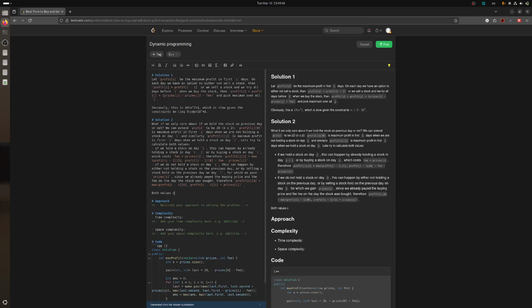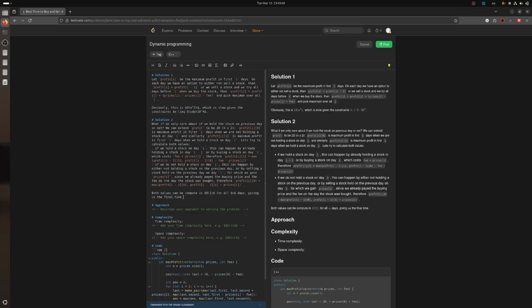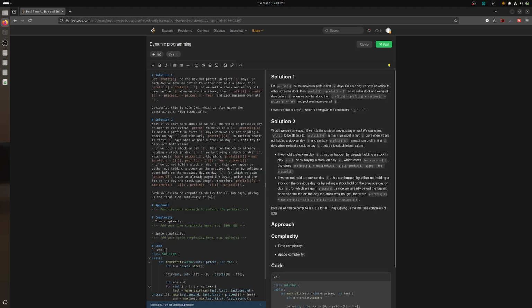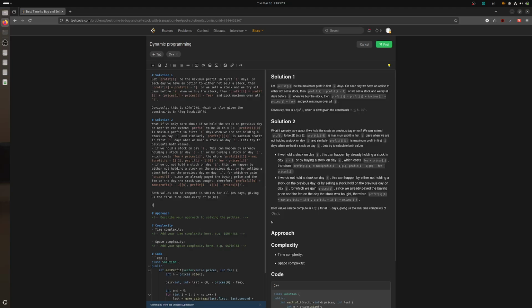Both values can be computed in O(1) for all n days, giving us the final time complexity of O(n).